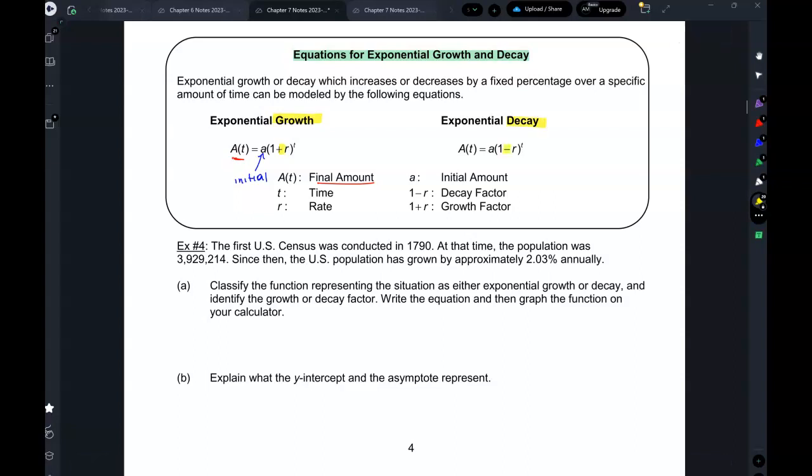For decay, this is a minus. Yes, you have to memorize these. Okay? So, the decay factor and the growth factor are 1 minus r and 1 plus r. So, for example, if the rate is 3%, this will be written as 0.03. All right? So the decay factor will be 1 minus 0.03, and this will be 1 plus 0.03. Okay?